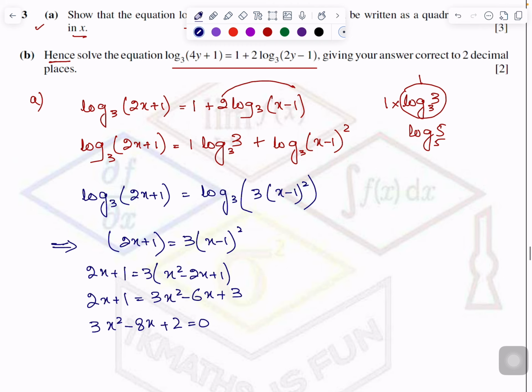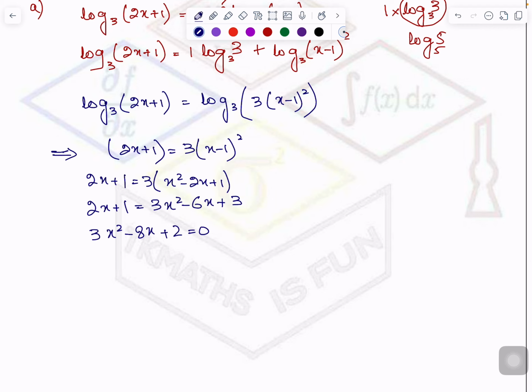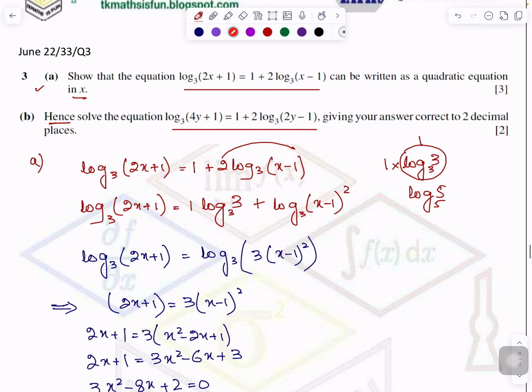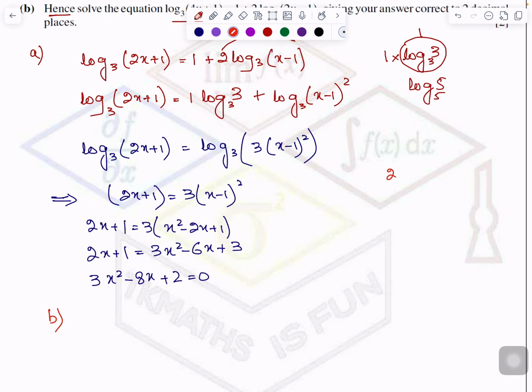The second part of the question is saying hence solve. Now what is the difference between equation 2 and equation 3? Basically the only difference is that instead of 2x here I have 4y.